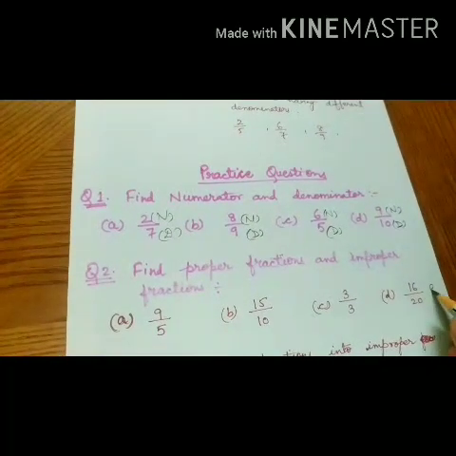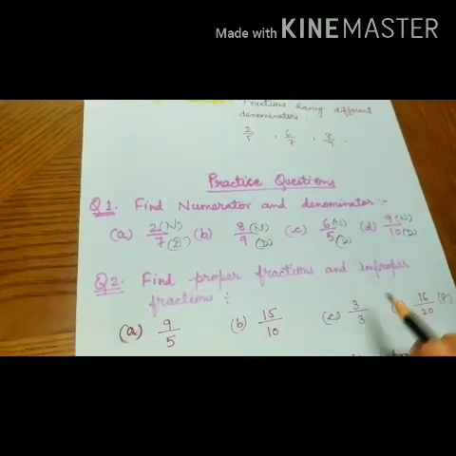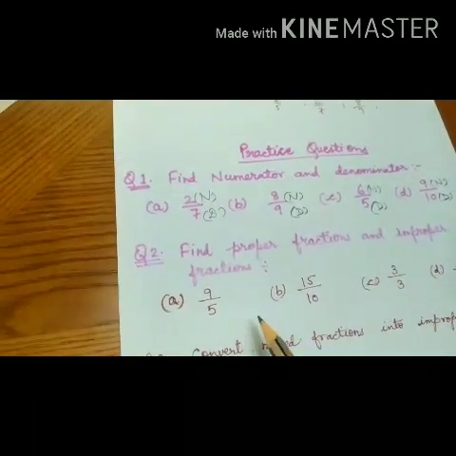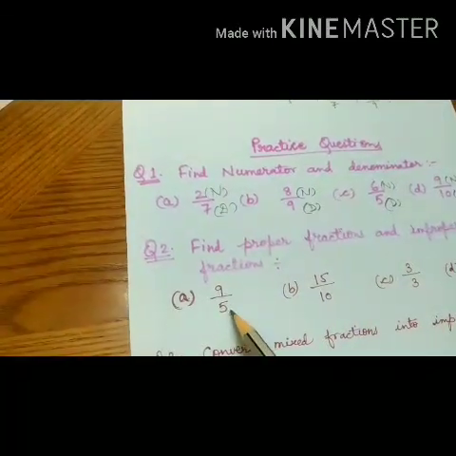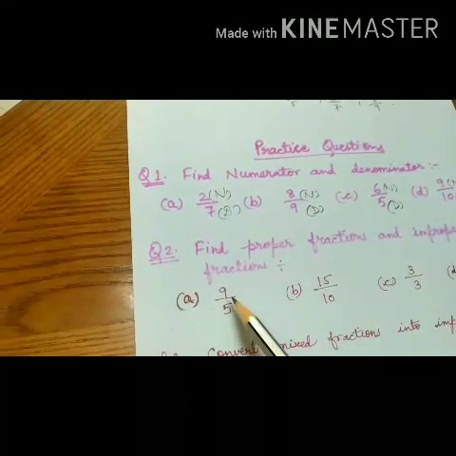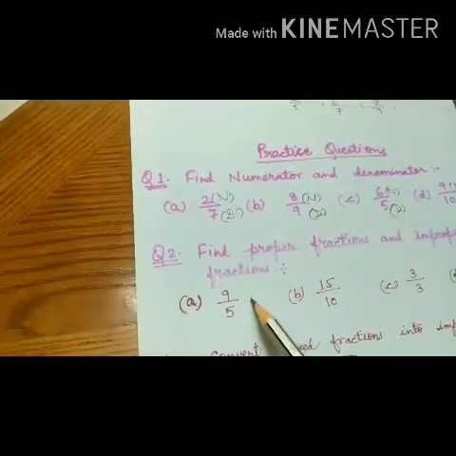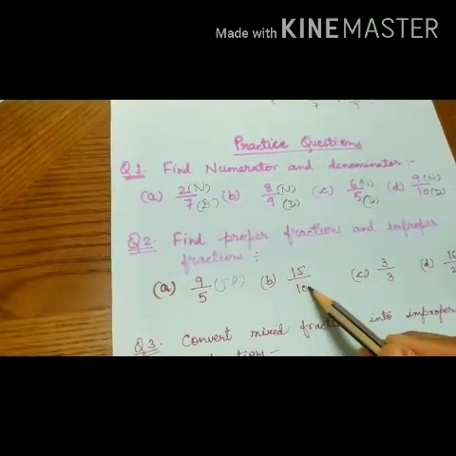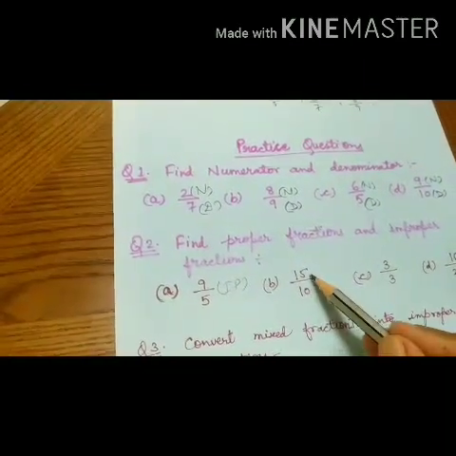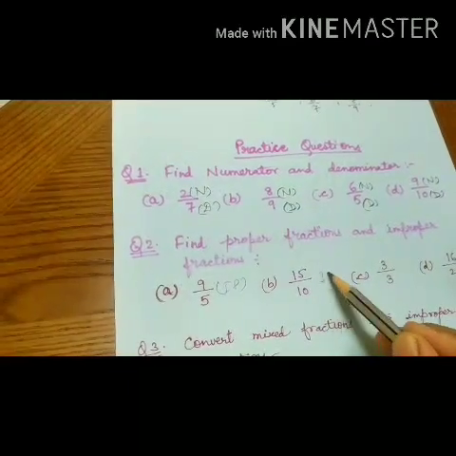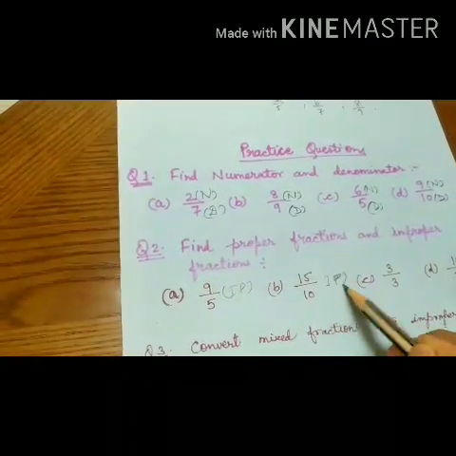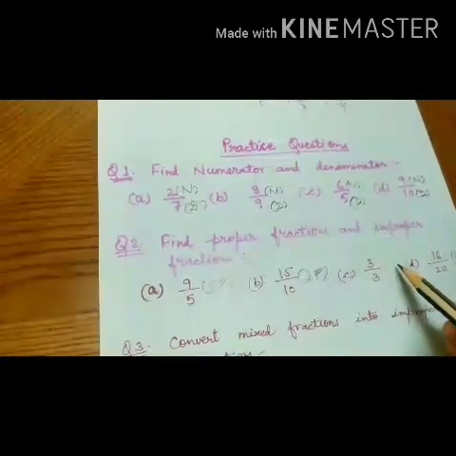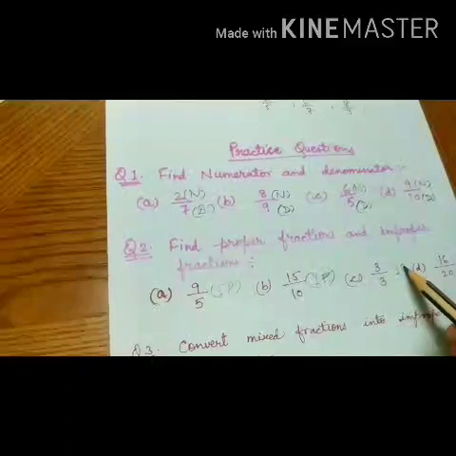It means it is proper fraction. And 9 by 5, its denominator is not greater than the numerator, so it is improper fraction. 15 by 10, its denominator is smaller than the numerator, it means it is also improper fraction. And here 3 by 3, it is equal to each other, it means it is also improper fraction.